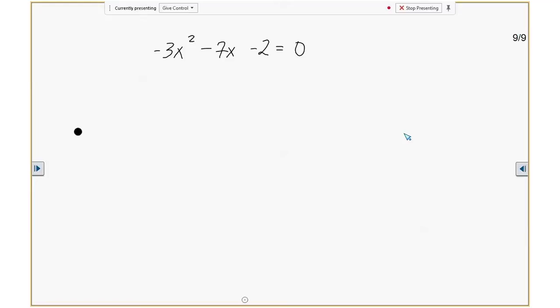Give y'all about 3 minutes to work on that.